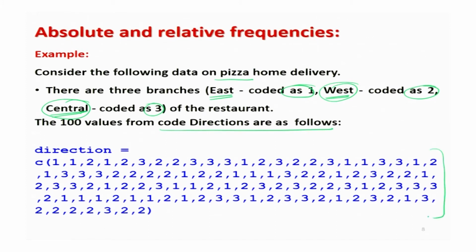So it is simply the distribution of coded branches 1, 2 and 3, and we want to know how many deliveries were made from these branches. This data is stored as 1, 2 and 3 in the variable direction, using a data vector.